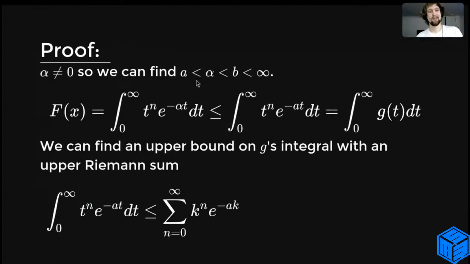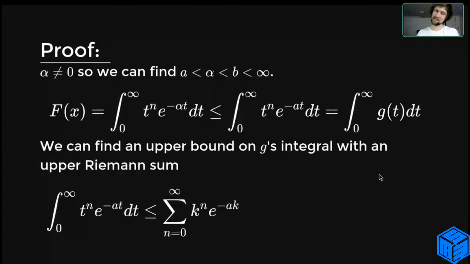So given that alpha is not equal to 0, we can find a point between 0 and alpha, call it A, which we can move around as we see fit, and then observe a bound on this original integral. Call it g of t.